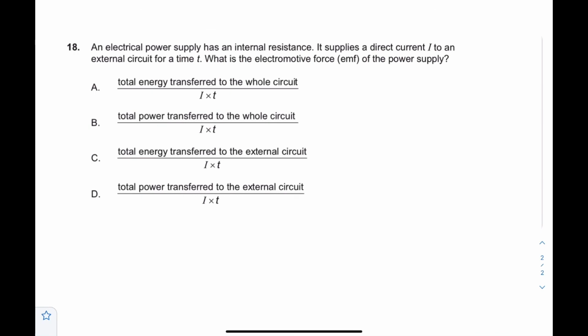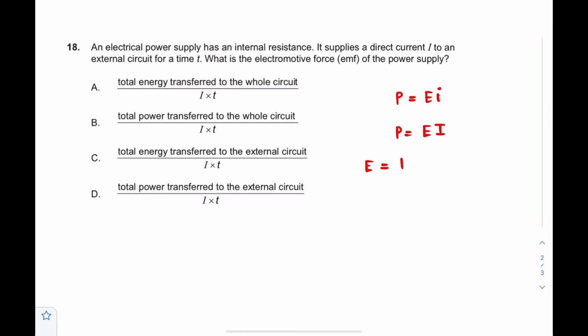So proceeding on to the next question, we have an electrical power supply that has an internal resistance. It supplies the direct current I to an external circuit for a time t. We know that the power supplied will be equal to E into I, where E is the EMF and I is the direct current. Now the energy that is supplied to the whole circuit, what is energy?